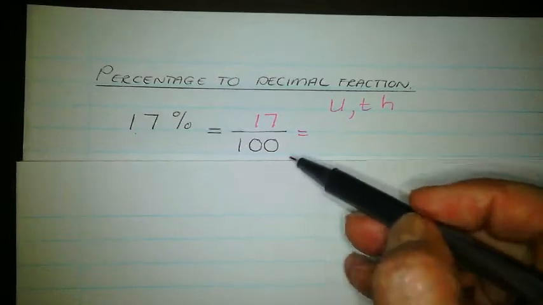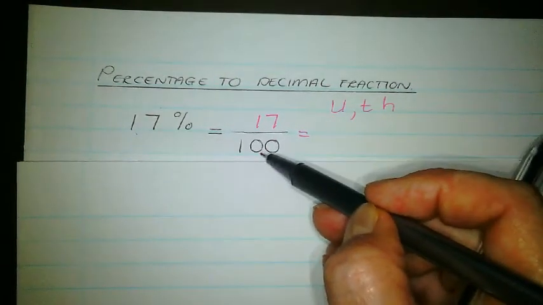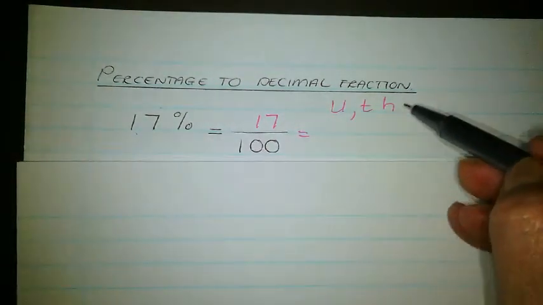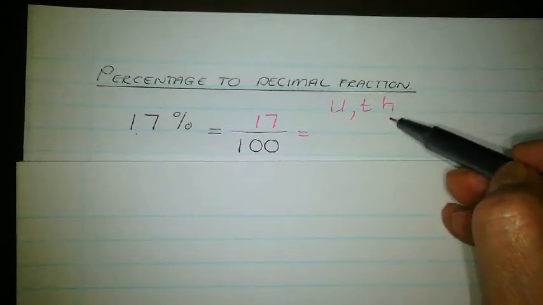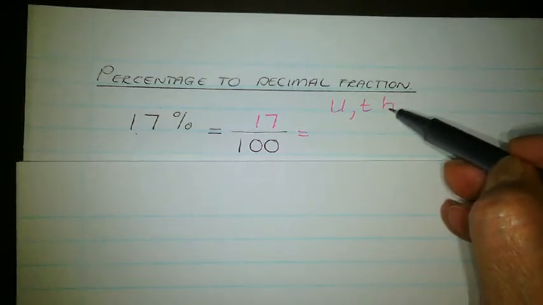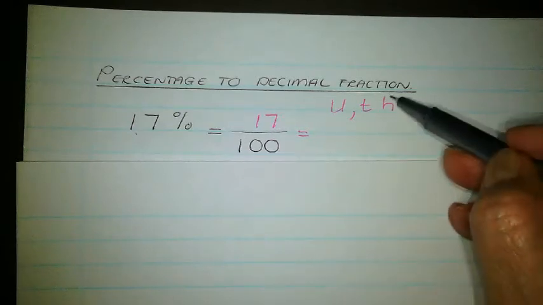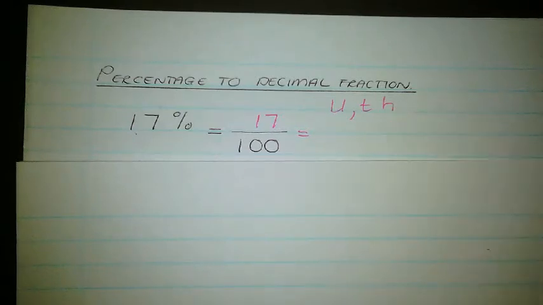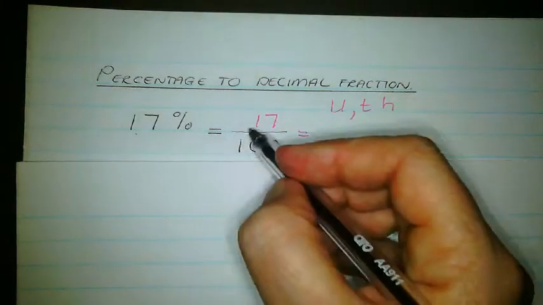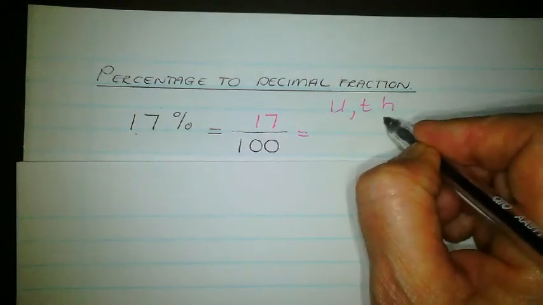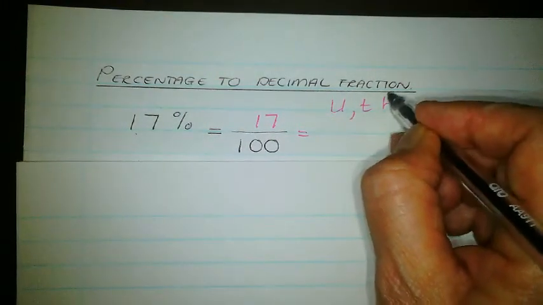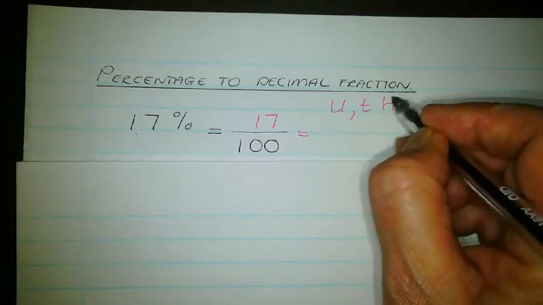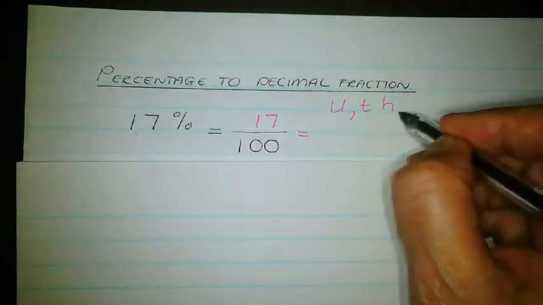Okay, now in this case your denominator is going to show you where you have to start writing with your place values. So in this case your 100 is going to be there, and then your numerator is going to be the value that you start writing from the back. So in other words, you're going to use the 100th, that is where you have to start, because that's your denominator.